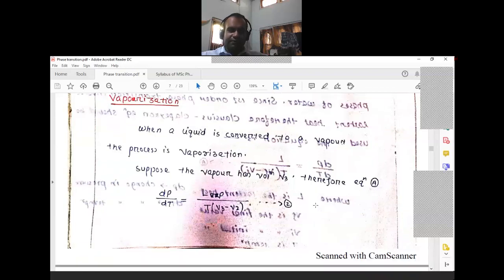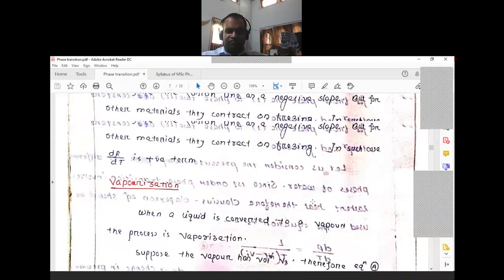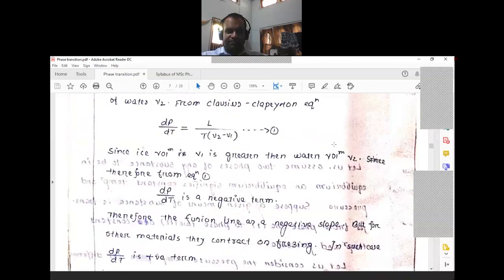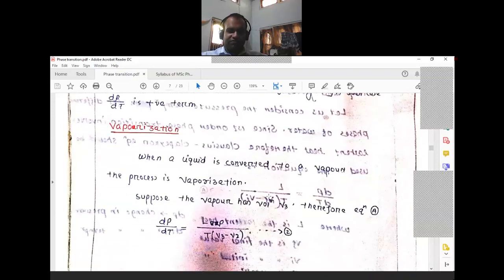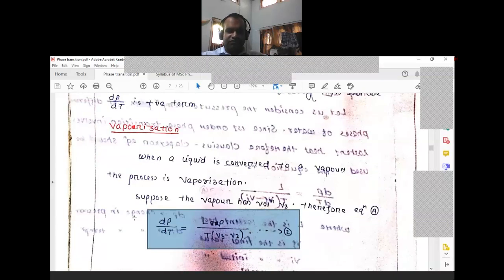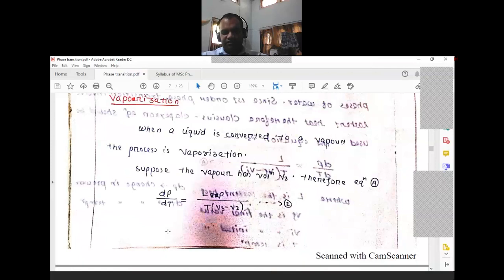When a liquid is converted to vapor, the process is called vaporization. Suppose the vapor has volume V3, and the liquid had volume V2, as considered earlier. Water has volume V2, and now this water is converted to vapor, which has a volume V3.